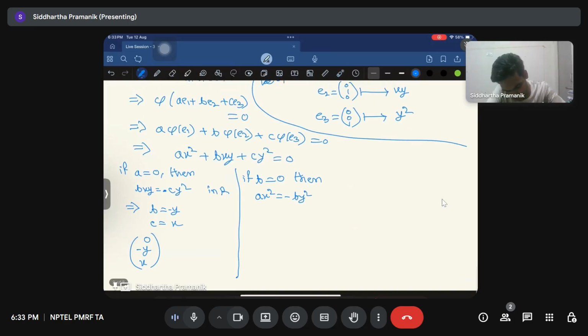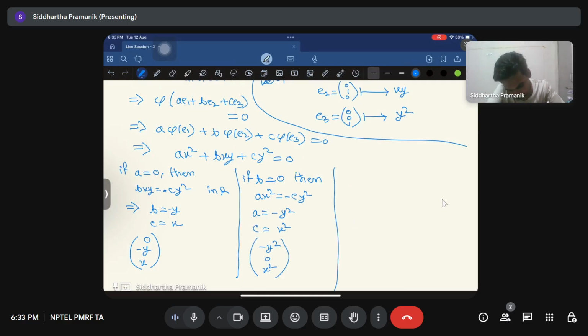So in this case, a must be minus y square and c must be x square. So your vector is minus y square, 0, x square. Okay, it is c, sorry, my fault. So b equals 0 and c equals x square.